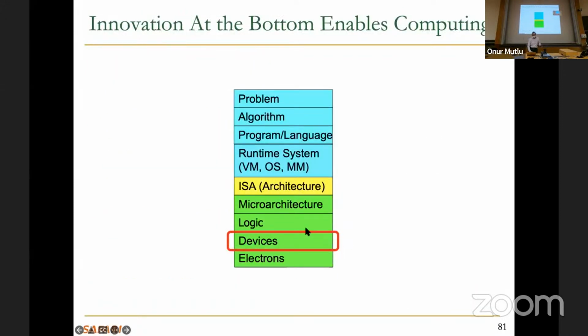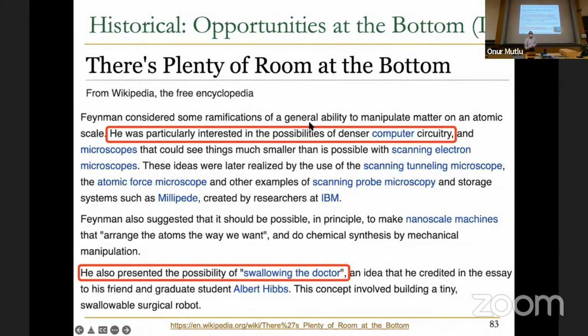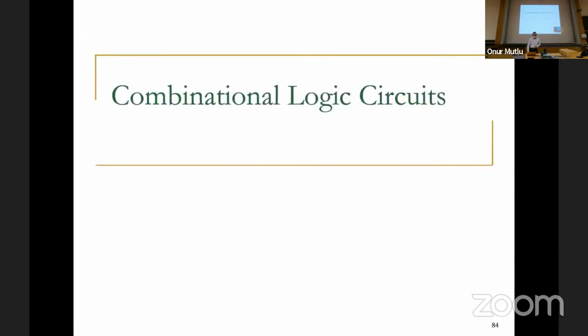So basically innovation at the bottom really enables computing over here. That's what we've been talking about with Moore's law. And remember, I'm not going to go through Richard Feynman's talk again, but Richard Feynman actually prophesied this, right? In 1959, when he delivered this lecture, he said there's plenty of things we can do if we can manipulate individual atoms. And we're at that point right now.